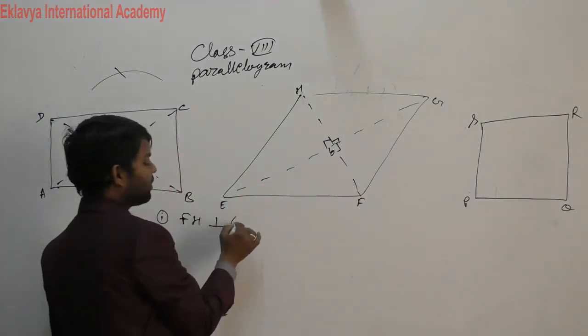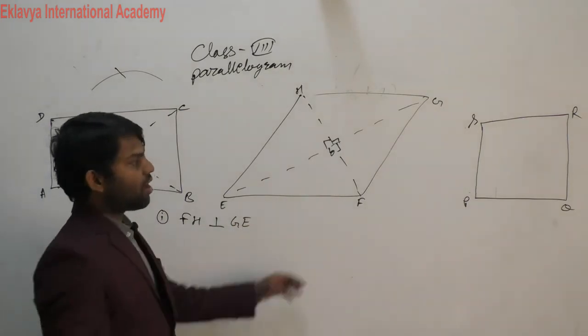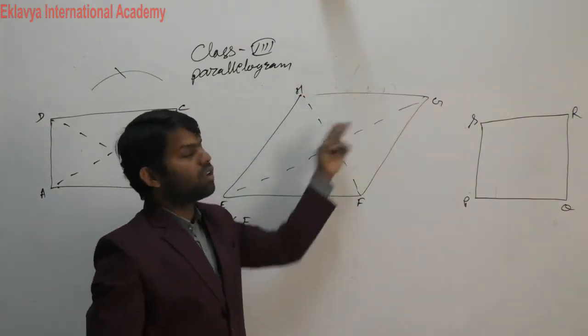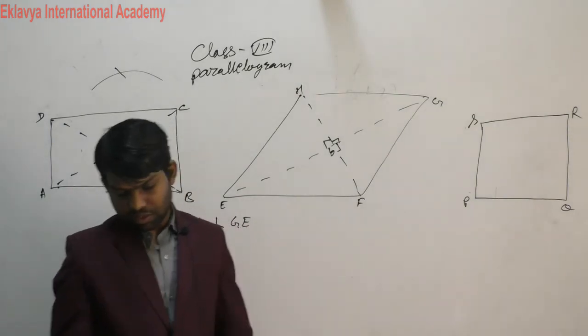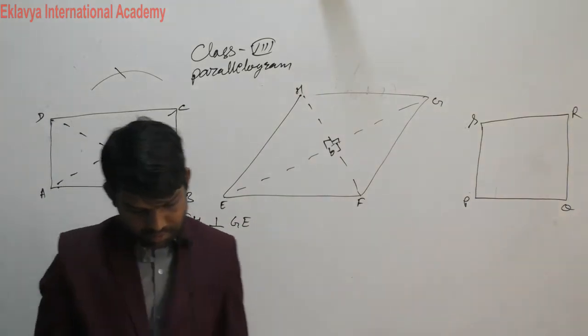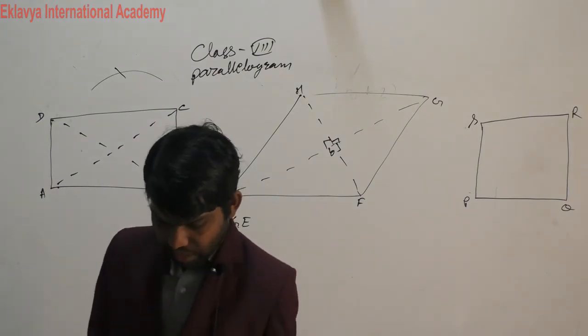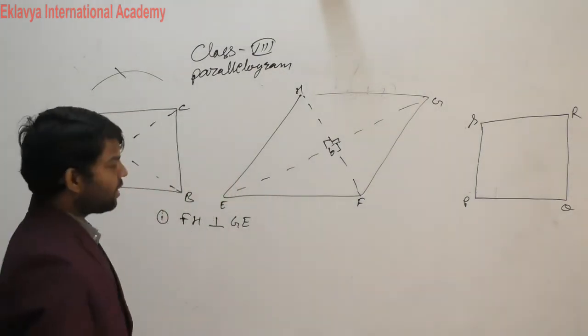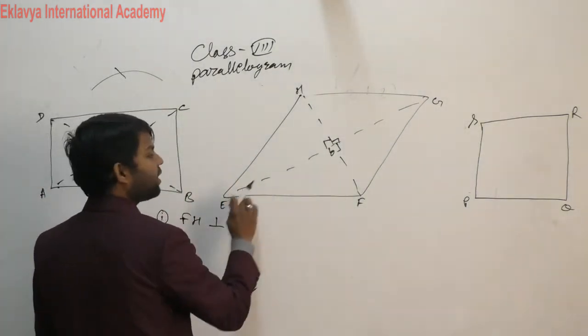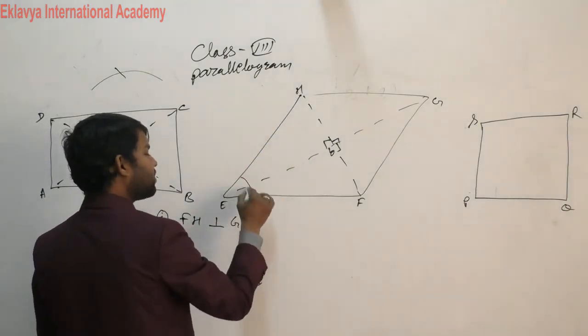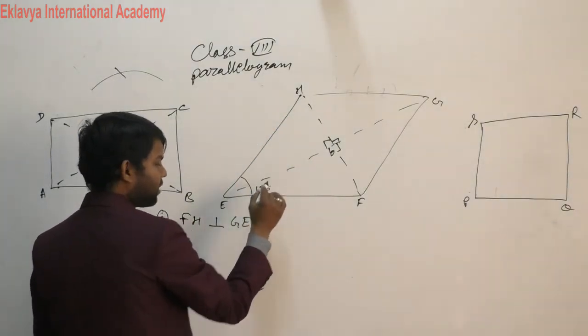GE. FH is perpendicular on GE. Angle FEH is given as 130 degrees.